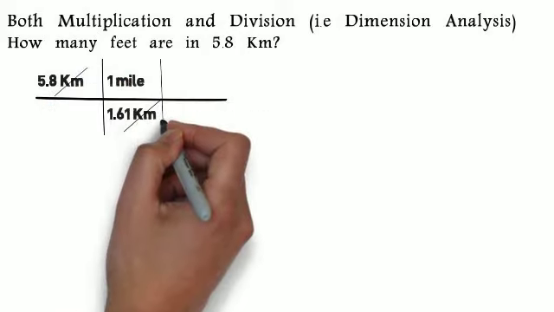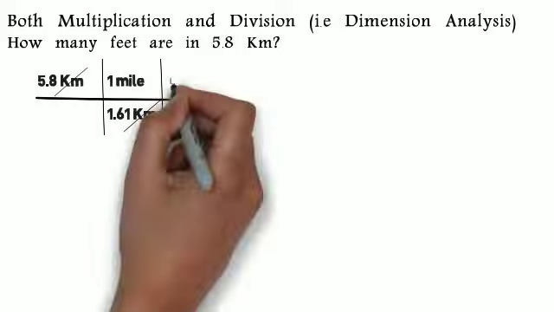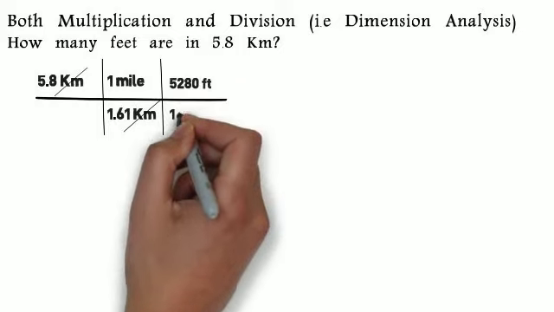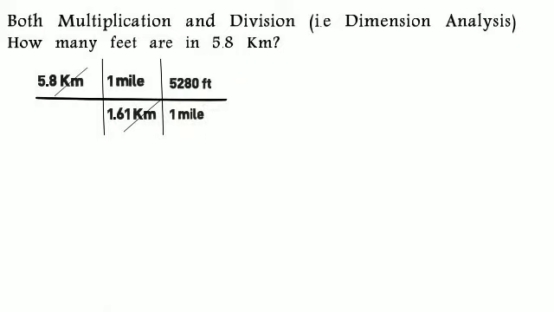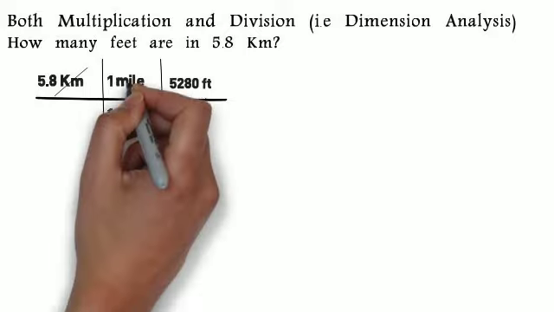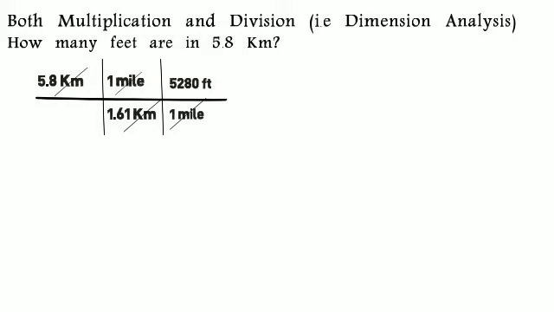That's a conversion factor. So the kilometers cancel, and 5,280 feet is 1 mile. And the miles cancel, and that will give us feet, and that's what the problem's asking for. How many feet are in 5.8 kilometers?